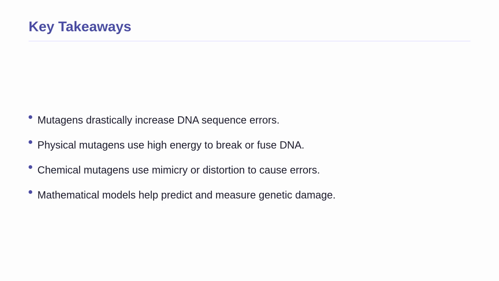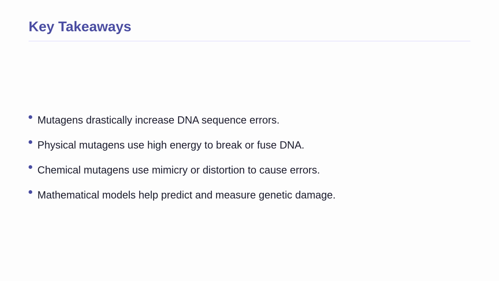We have covered a lot of ground today, so let us review the most important ideas. First, mutagens are external environmental agents that drastically increase the rate at which DNA sequence errors occur, pushing it far above the natural background rate.